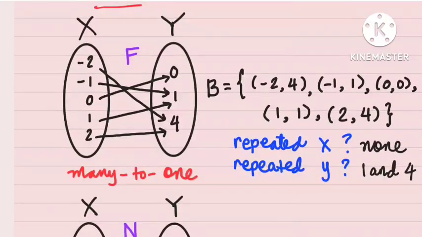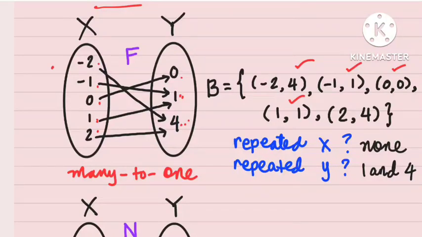Next, let's convert this diagram into the set that lists the ordered pairs. So we see (2, 4), (-1, 1), (0, 0), (1, 4), (1, 1), and then (2, 4).